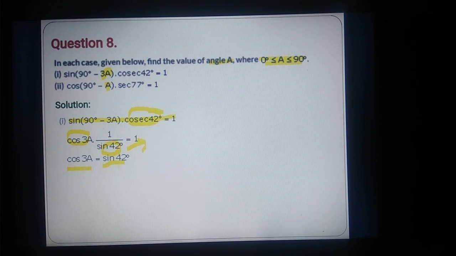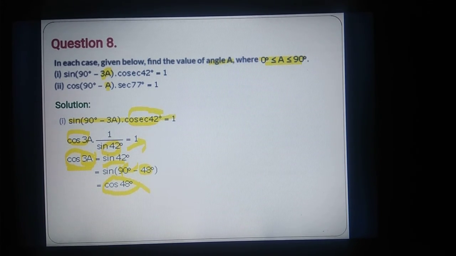So let's convert this sine into cos to get the value of A. I need to write this 42 degrees as 90 minus 48, right? And we know that sine 90 minus theta is cos theta, and here theta is 48, so it will be cos 48. Now we see that cos 3A equals cos 48.